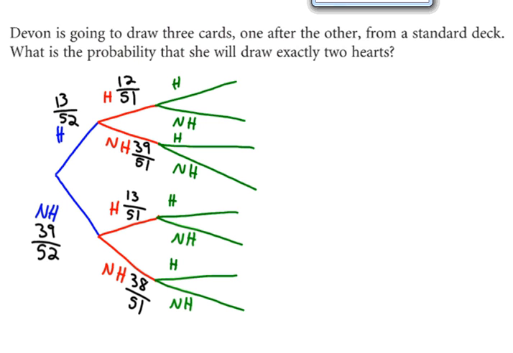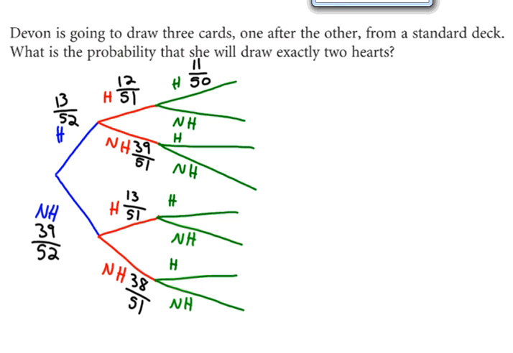Let's work on the top part of our tree diagram. We're going to start along the path where she chose a heart on the first card and a heart on the second card, and now we have to find the probability that she chooses a heart on the third card. So this probability is 11 out of 50.